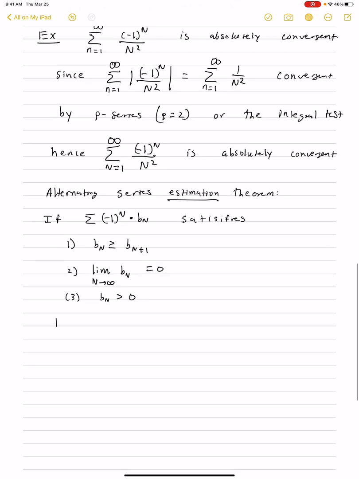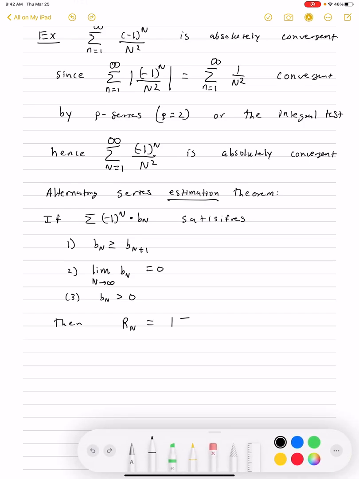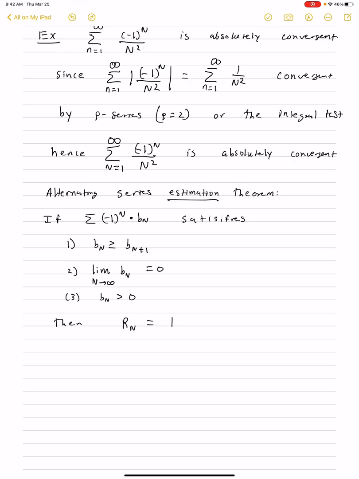Then we are going to have that the remainder r sub n, which is this summation, is the absolute value of this summation. And let me back up for a second there. The technical definition of the remainder r sub n is going to be s minus s sub n.